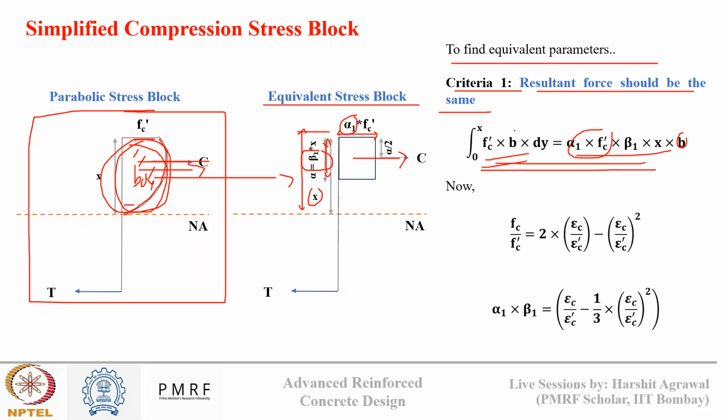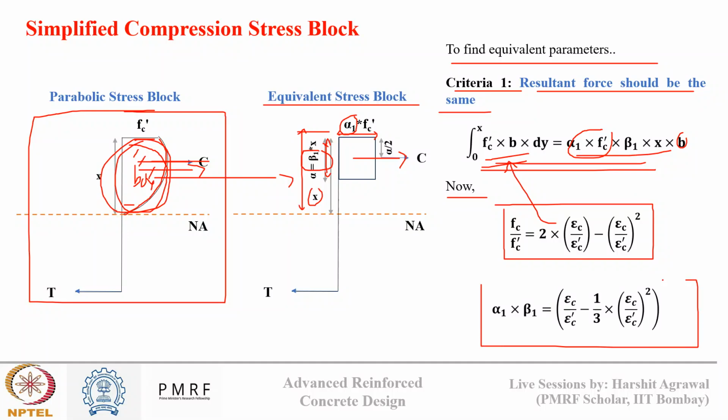Okay, if we equate the force offered by this block with the force offered by this block. Okay, now we know from the experimental relationship, the Hognestad relationship, fc upon fc dash is equal to this equation. So if we substitute this relationship here and we simplify the integral, we'll get alpha 1 and beta 1 will have this relationship. Okay, so this is the first relationship which we can derive.